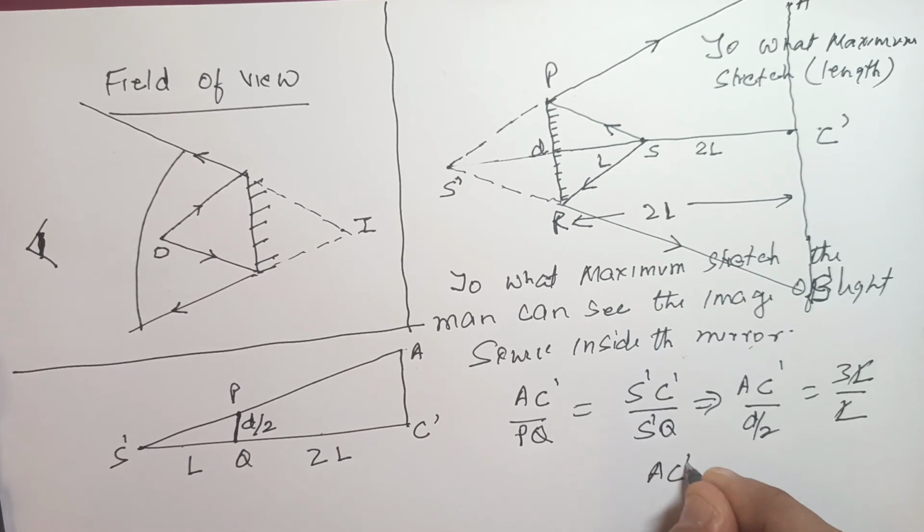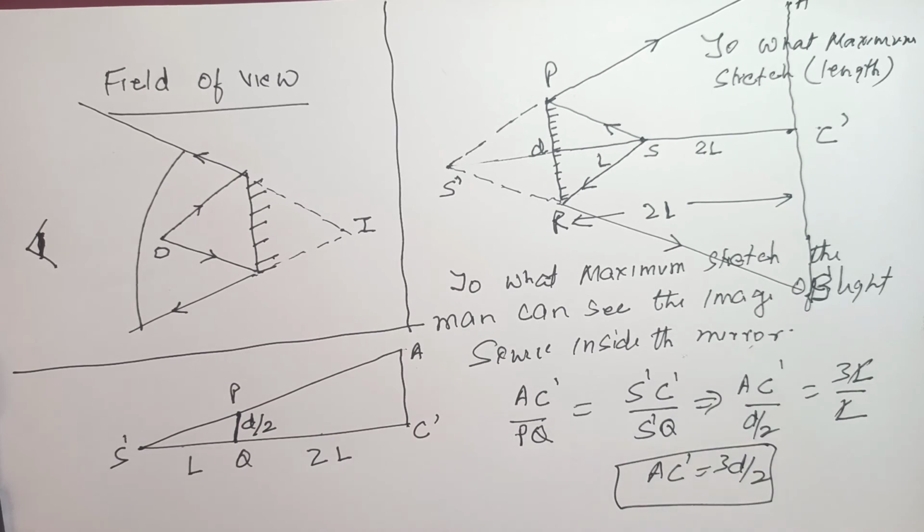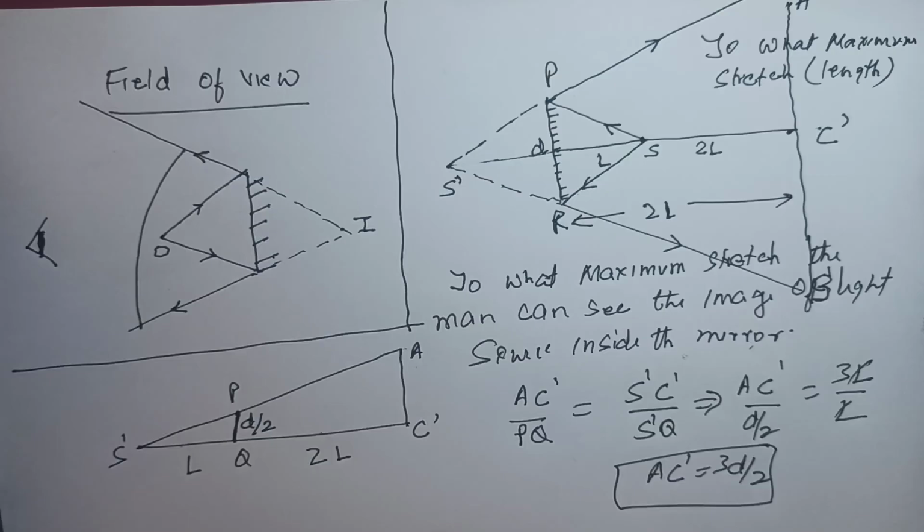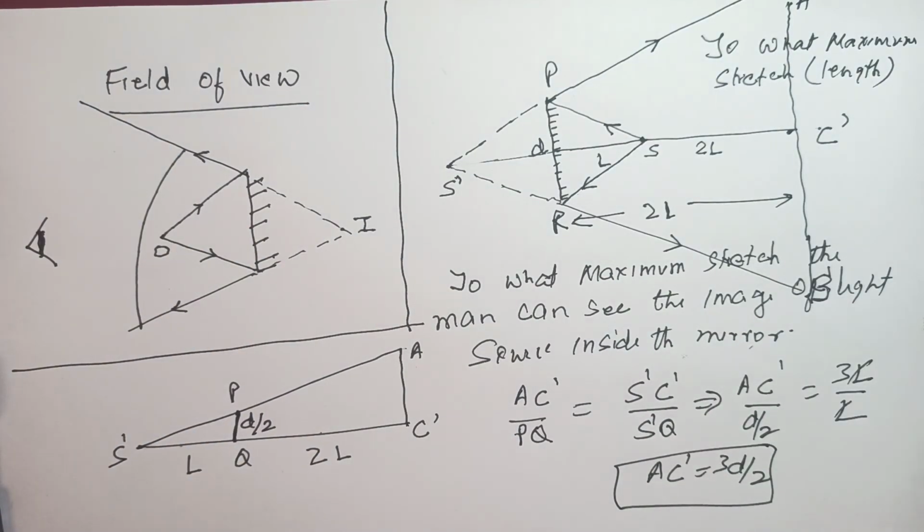So AC dash is equal to 3d by 2. So the whole distance becomes 3d by 2 into 2, so the answer is 3d.